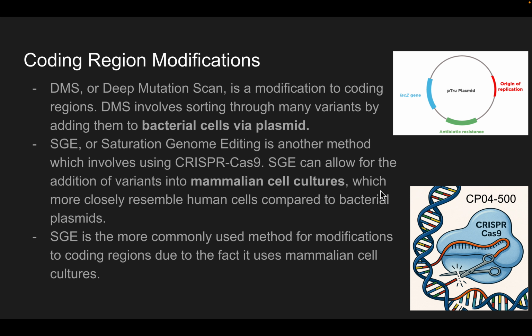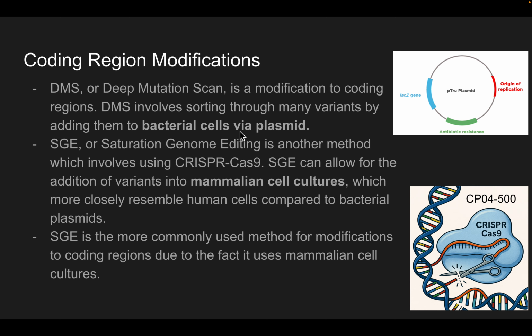So there are two types, like subgroups, I guess, of the coding region modifications, which are called DMS and SGE. Basically, DMS stands for deep mutational scanning, and after you make the variants, it involves adding them to bacterial cells via plasmid.